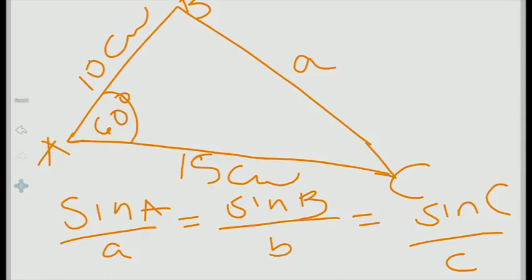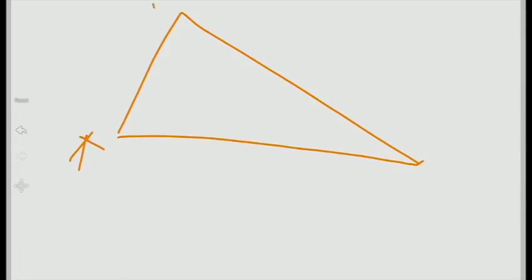Let's find another way of solving this one. Let's try it when you're given two sides and the angle in between. Let's cut another line again, like we did when we derived the sine formula. Say you're given triangle A, B, C. If it's a right angle triangle, you just use sine equals opposite over hypotenuse, cosine equals adjacent over hypotenuse, and tangent equals opposite over adjacent.